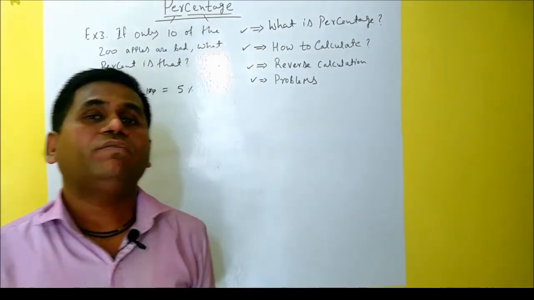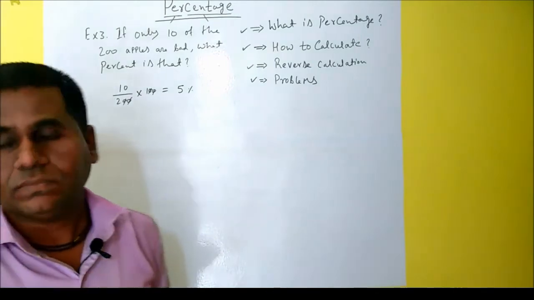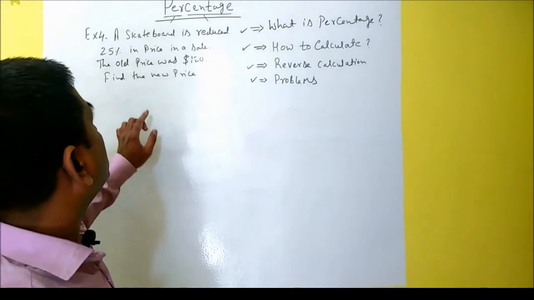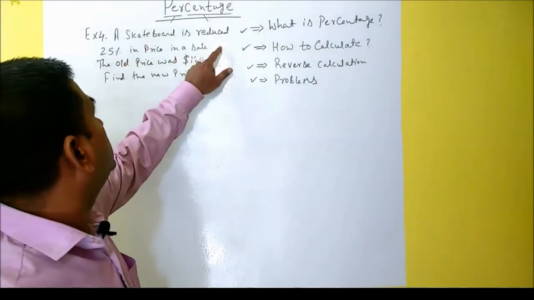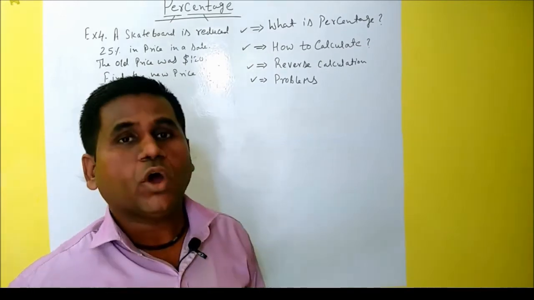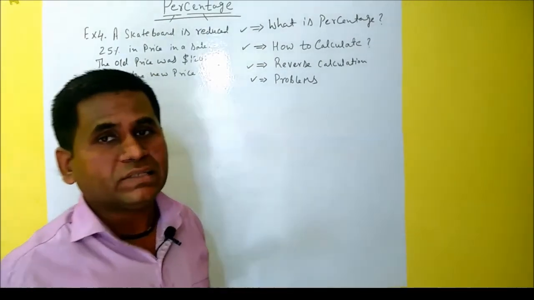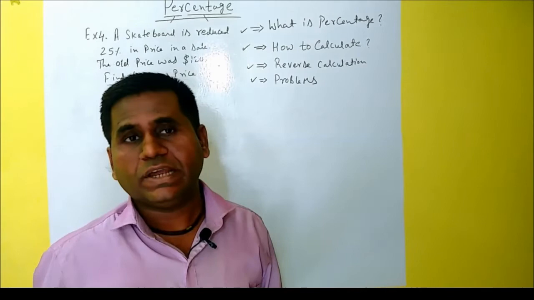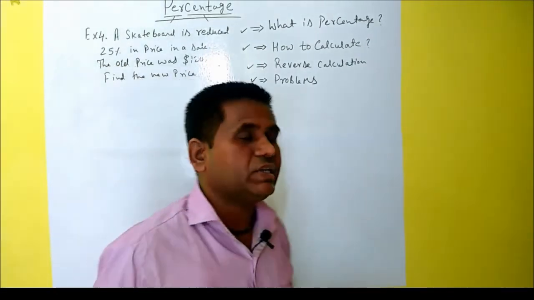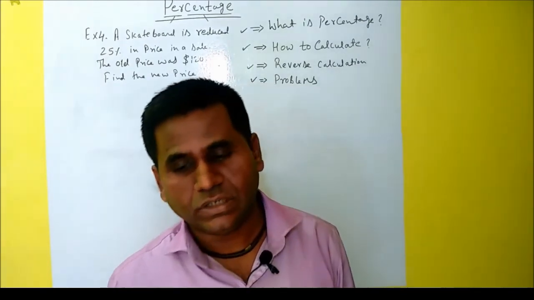Okay, now we will be solving another example. So friends, here we are going to solve example 4, in which it says a skateboard is reduced 25% in price. So the shopkeeper has reduced the price of a skateboard by 25%. Actually, here it is not stating how much the price has been reduced.